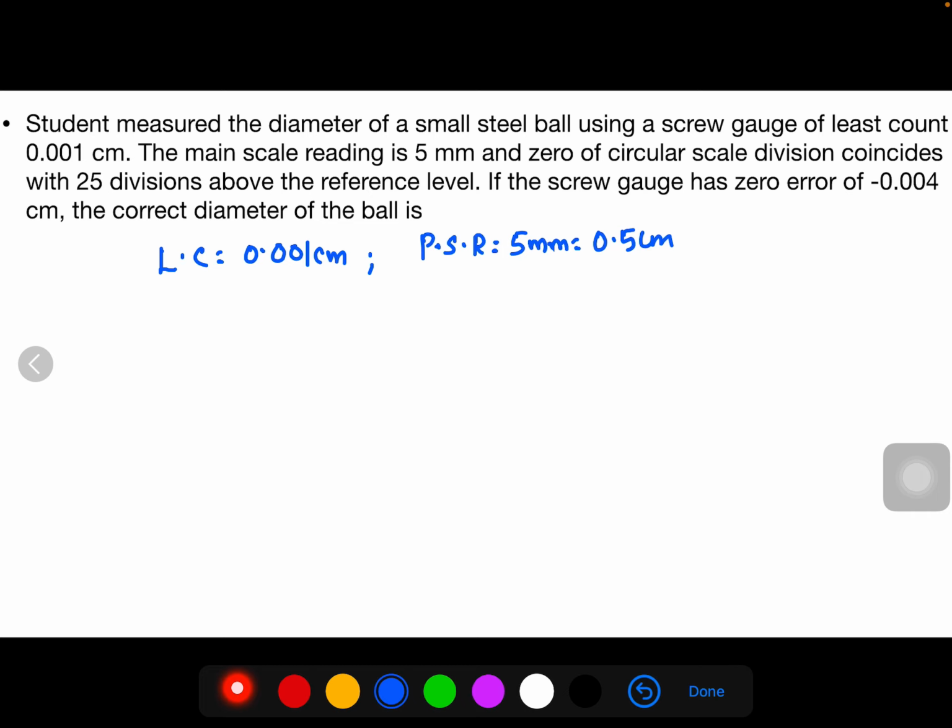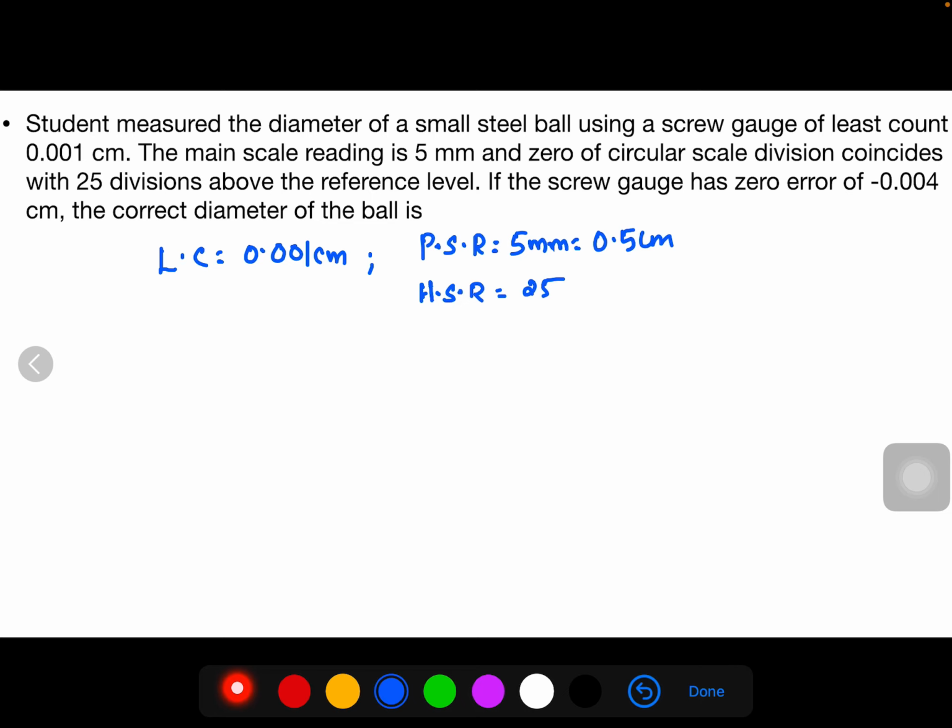And the 25th division of the circular scale coincides with the reference level. So the head scale reading, HSR, is 25, because the 25th line above the reference point is coinciding with the 0 of the pitch scale or main scale.